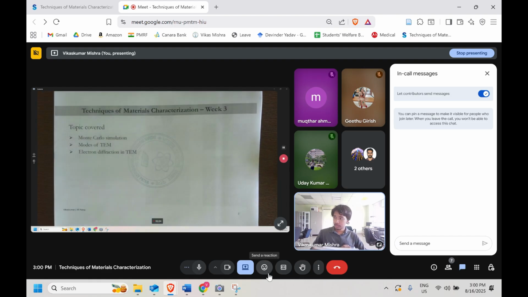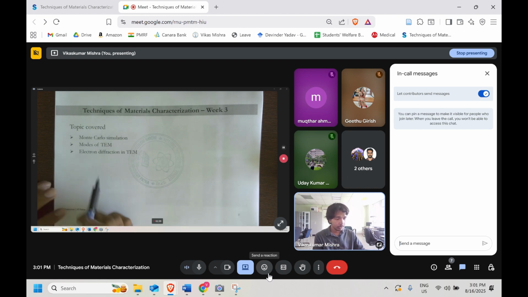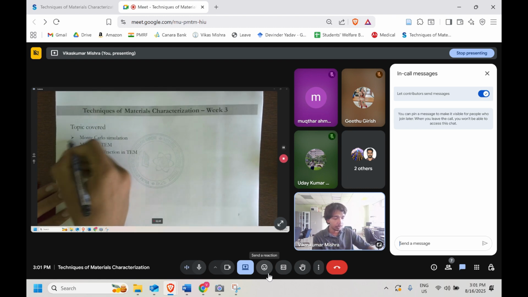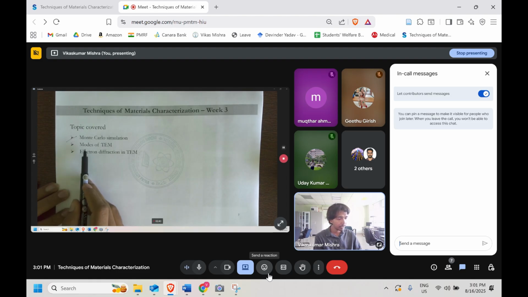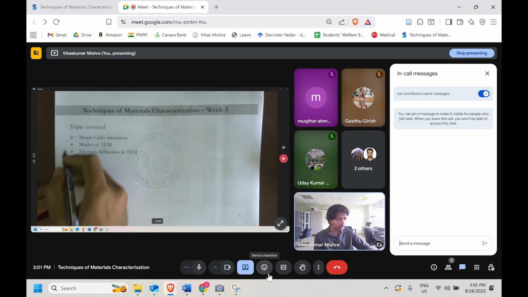Let's see the list of topics that have been covered in this particular week. The first thing we discussed is the Monte Carlo simulation. After that, we discussed the different modes in the TEM, for example the bright field mode and the dark field mode.